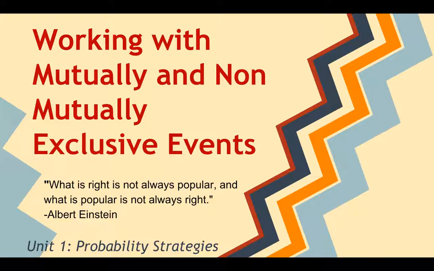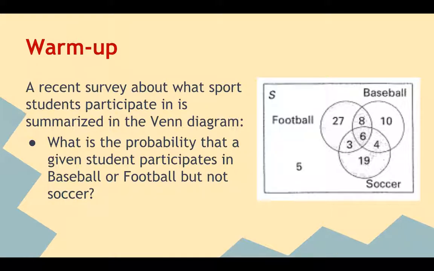What we're going to be talking about today is all about overlap. Right and popular is not always the same: you can be right but not popular, popular but not right, or right and popular. It's this idea of things that are non-mutually exclusive. So we'll learn what that word means.